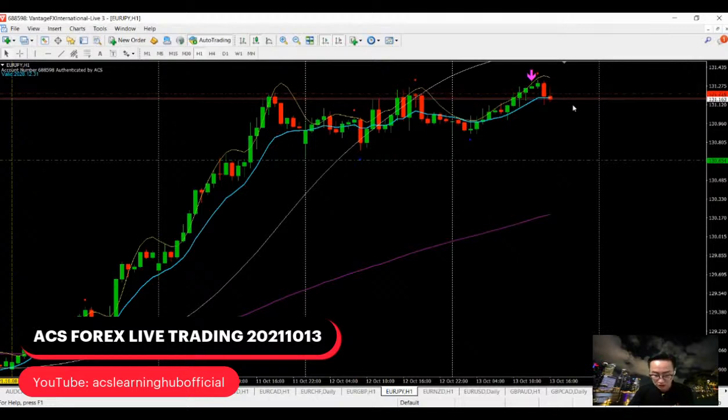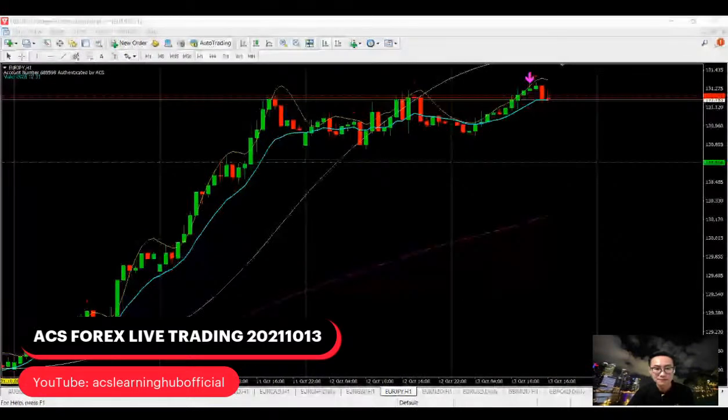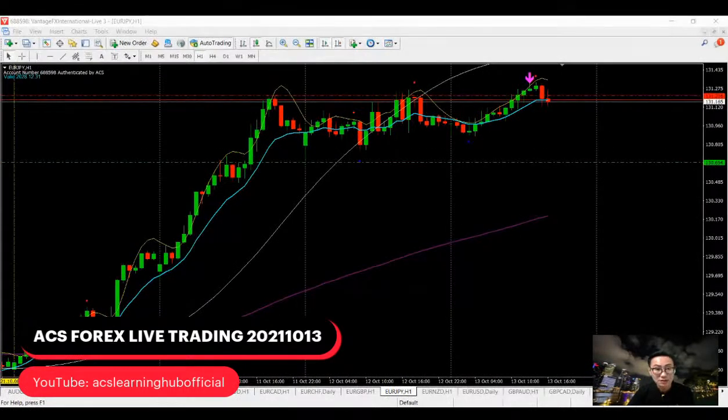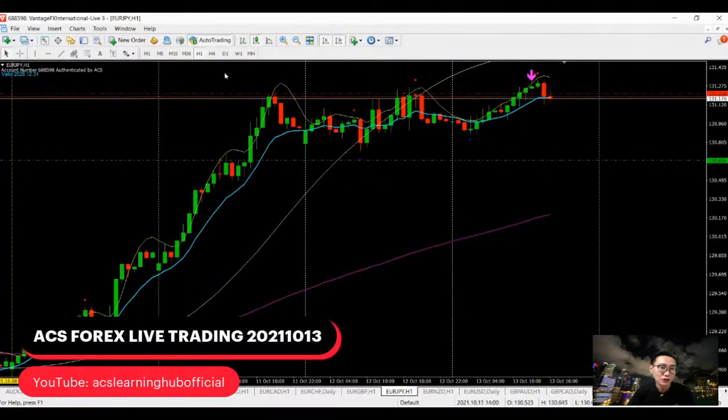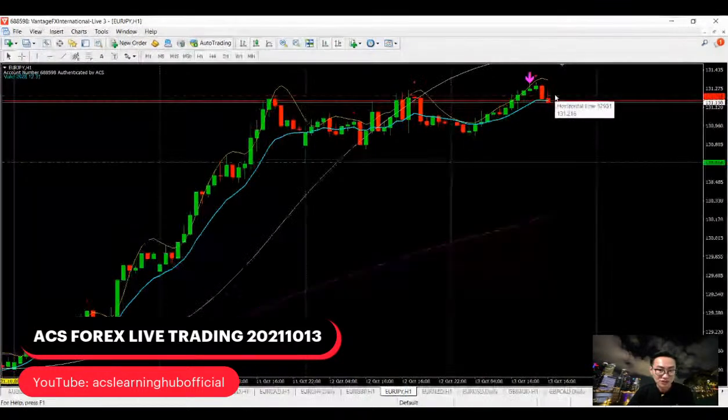All right. So over here. Euro Yen. Okay. So now let's see. Now, the Euro Yen tentatively seems like it's trying very hard to break the resistance.